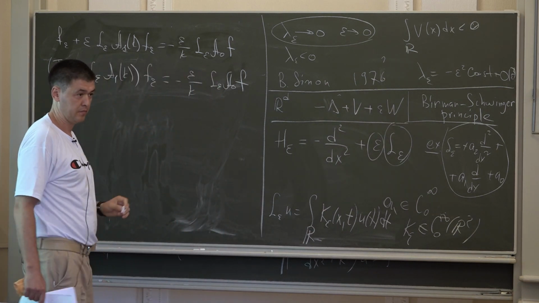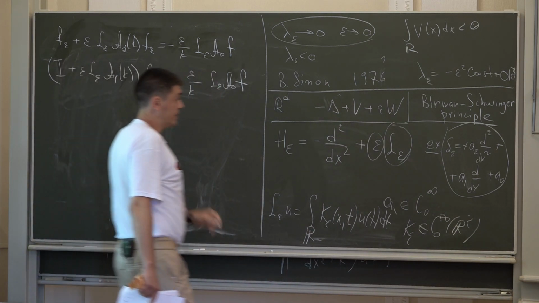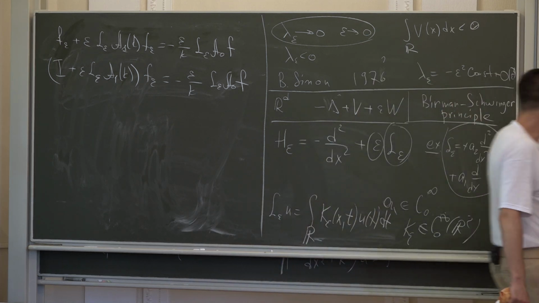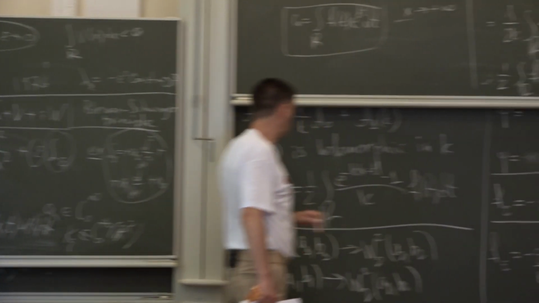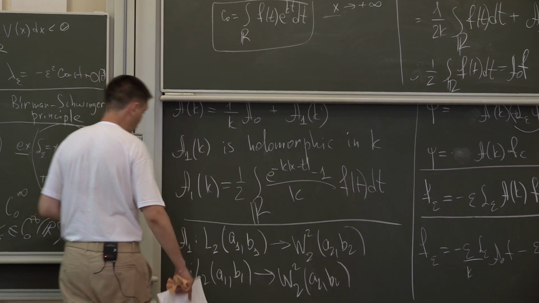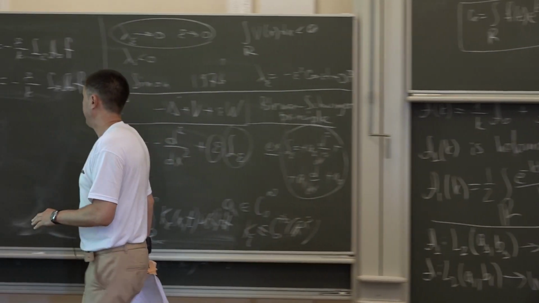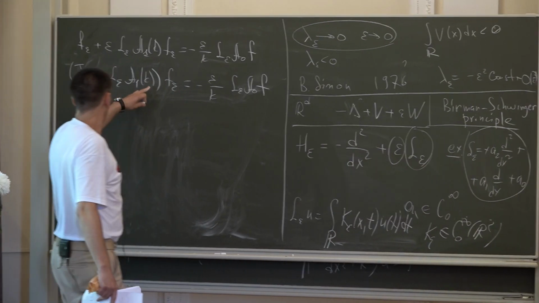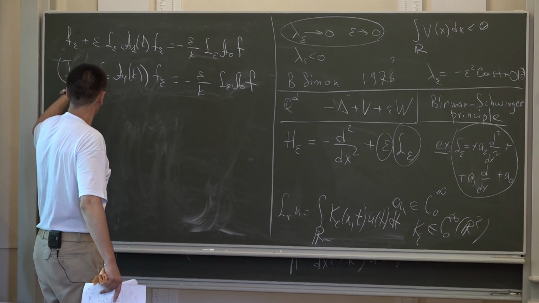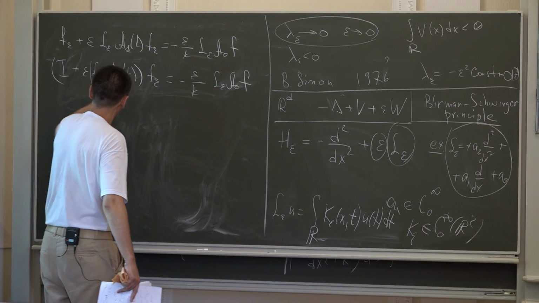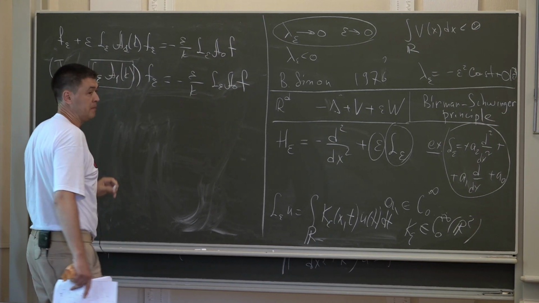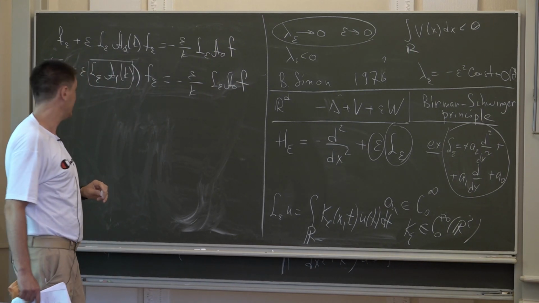This is clear. Then we say that since A1 of K is holomorphic in K as an operator acting on this pair of spaces, this is sufficient to ensure that this operator is bounded uniformly in epsilon.